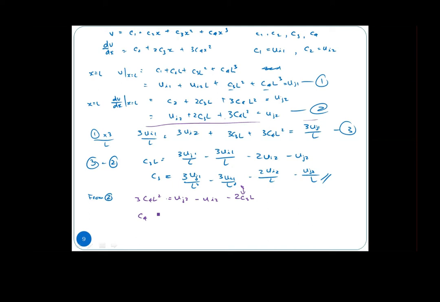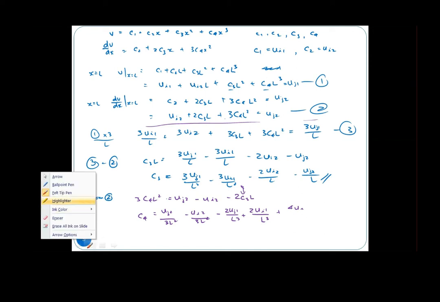Then we have our c4 equals uj2 over 3L squared minus ui2 over 3L squared minus 2uj1 over L cubed plus 2ui1 over L cubed plus 4ui2 over 3L squared.